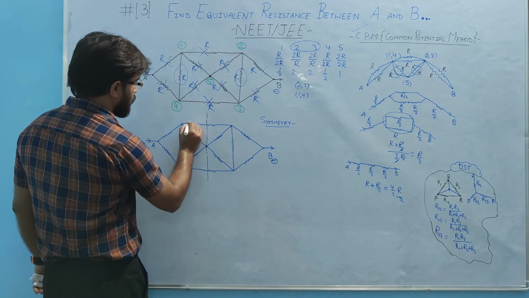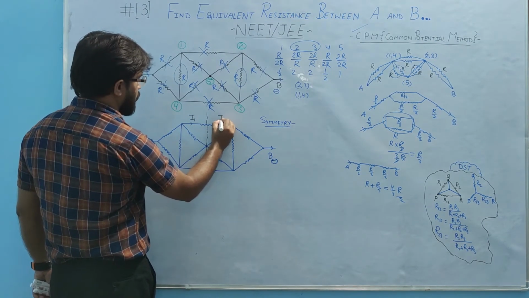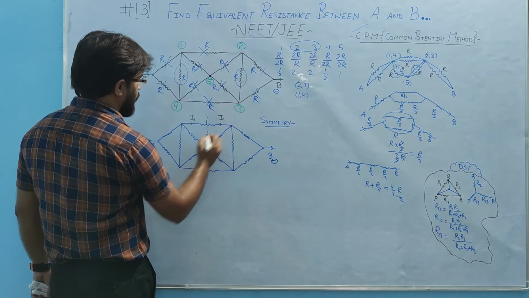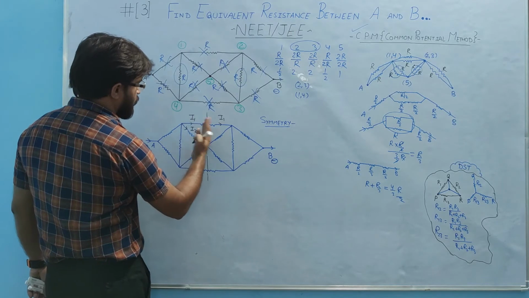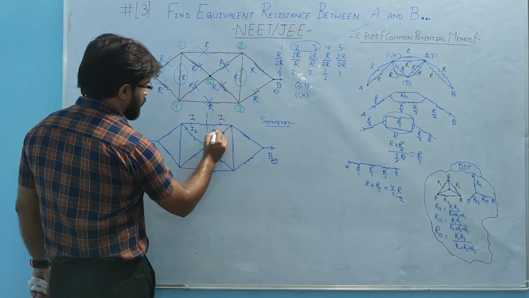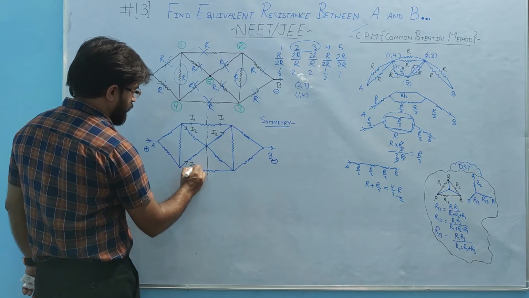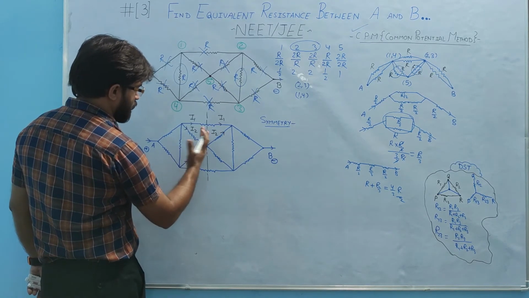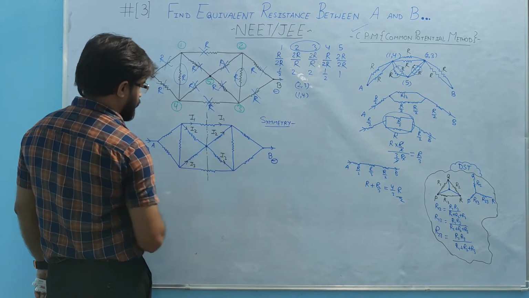In the mirror branches, the same current will flow. So this is I1, then here it would also be I1, on the other side of the mirror. I2, the mirror branch of this is this one, this is also I2. If this is I3, the mirror branch of this is this one, I3.